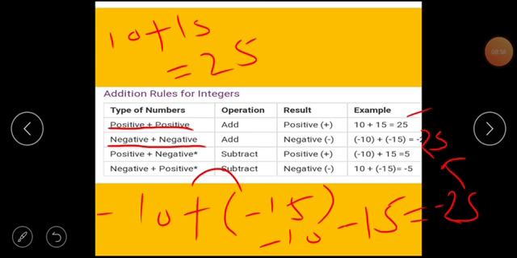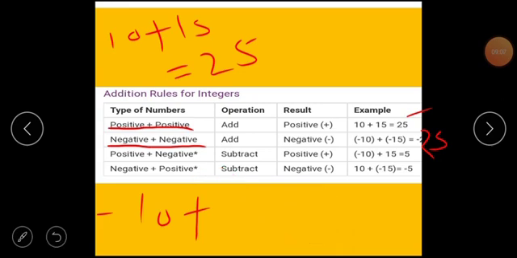And similarly you can do a positive plus a negative number or a negative plus a positive number. Take the last row, negative plus positive, meaning I am taking one number positive and the other number negative.